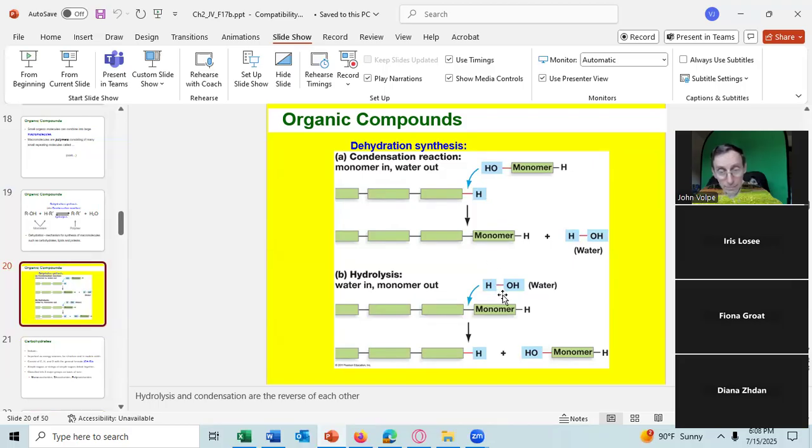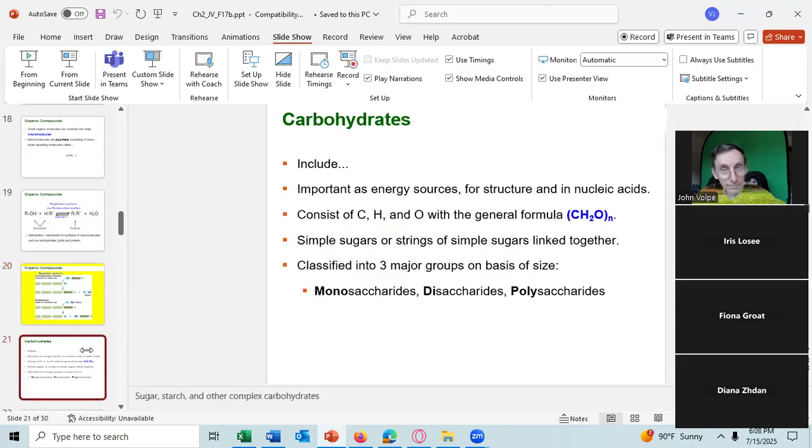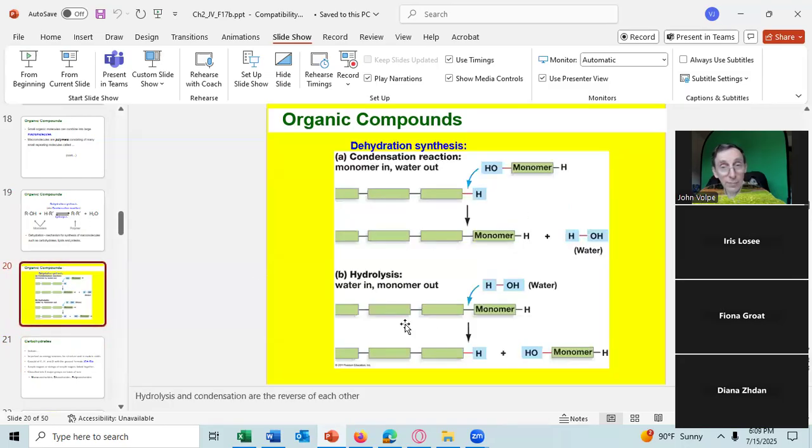And then whenever your blood needs sugar, you will undergo hydrolysis in your liver, using water to break off the glucose from the glycogen and then release that glucose into the blood. All right, any question about dehydration synthesis and hydrolysis?